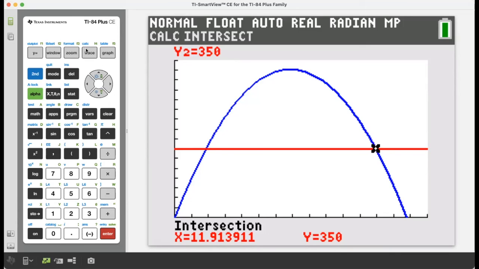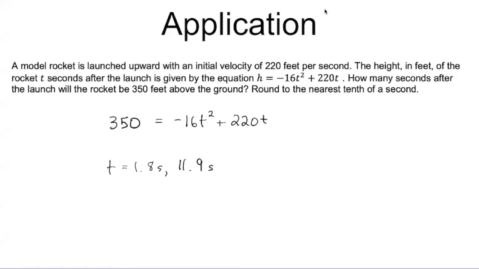And in both cases, the units are seconds. Our recorded results are 1.8 seconds while it's rising, and on its descent after 11.9 seconds, it will also be at 350 feet above the ground.